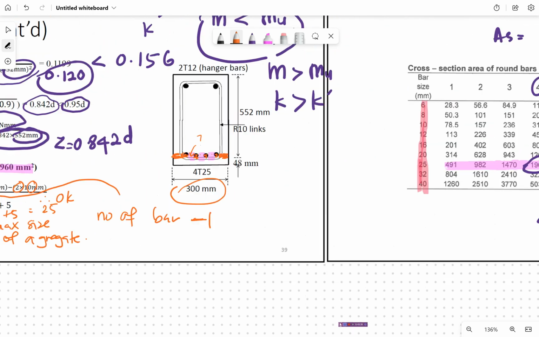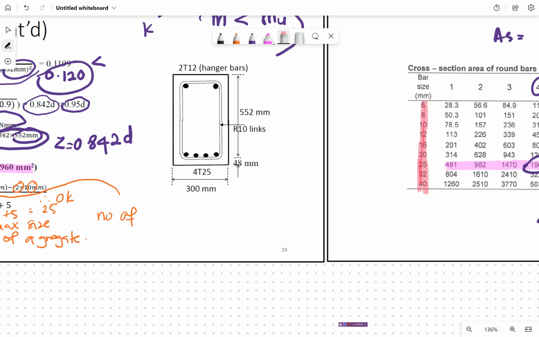Here the sketch. To sketch this one, what you need is you need the dimension itself. Okay, 300 the breadth, right? And then you have the effective depth 552. Kalau you pakai 550, put 550 lah. And you have 4 numbers of main reinforcement.